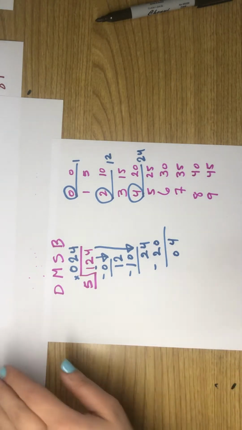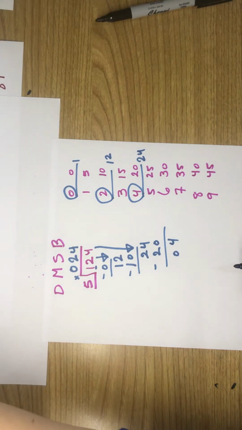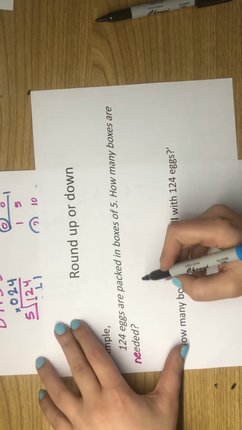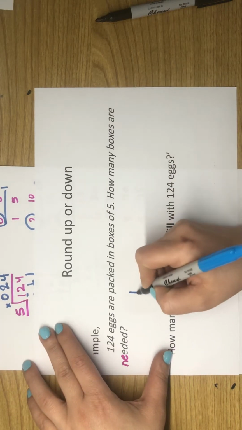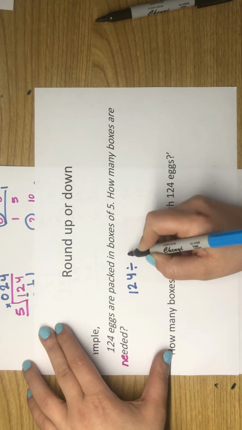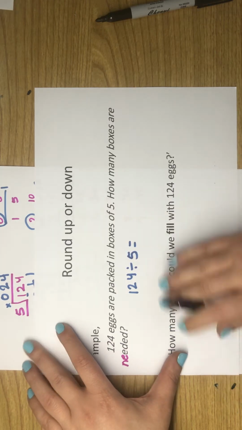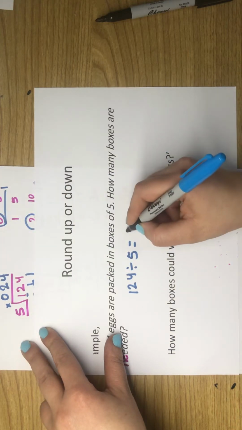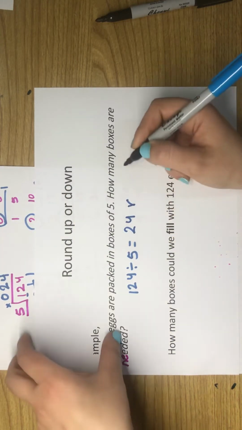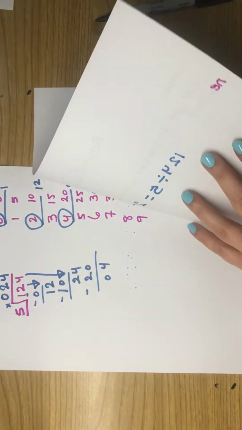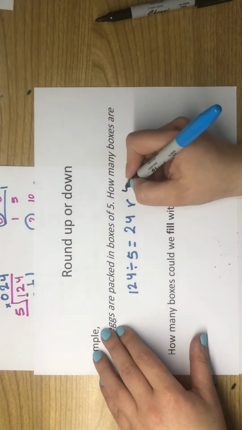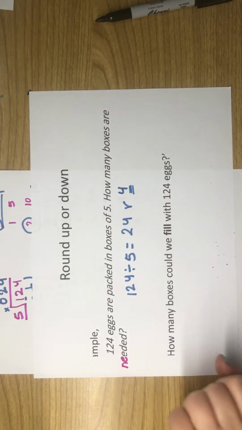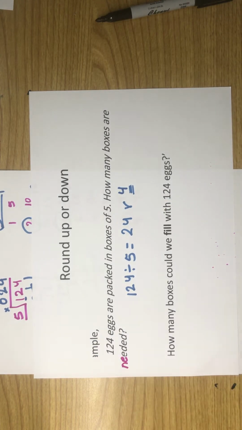Okay, about this question. After I divided 124 divided by 5, the quotient is 24 remainder. Let's remember what the remainder is. The remainder is 4. Are you going to leave these 4 alone without putting them into a box? Can we?